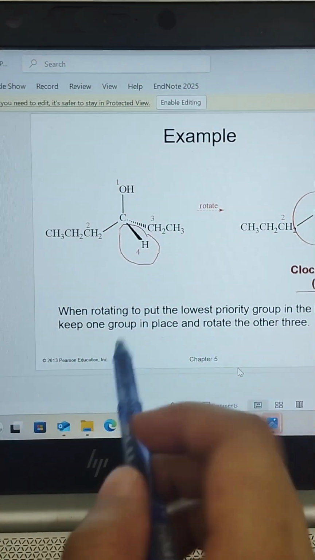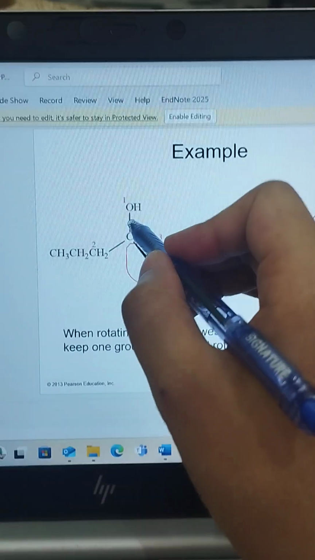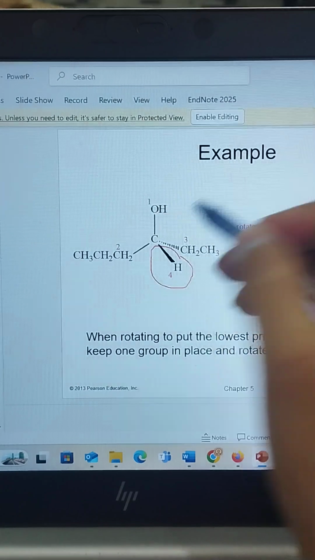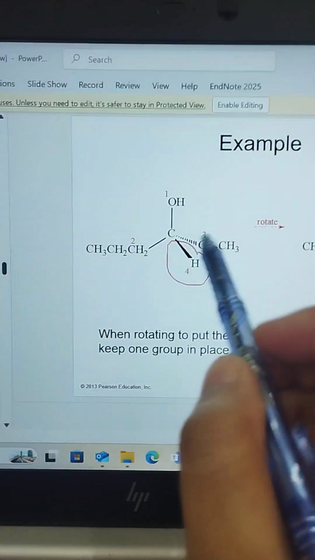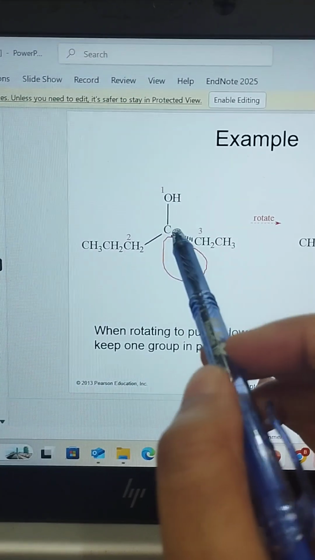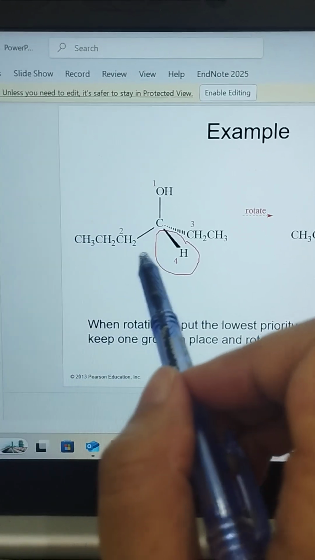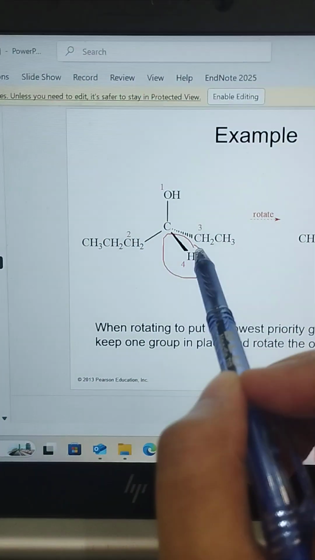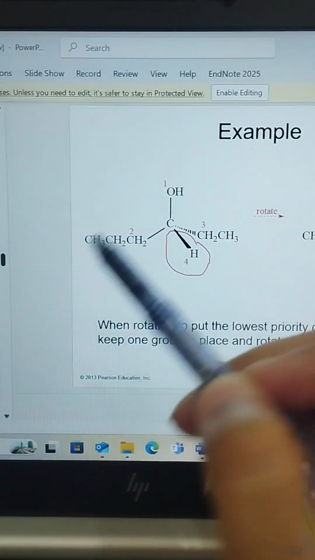This is another example. This is the carbon. We will assign the first priority group to the oxygen because it has the highest atomic number. And the second and third priority groups we will assign to this, which is also carbon, and this, which is also carbon, but it has the secondary attachment of more atoms of carbon and hydrogen.